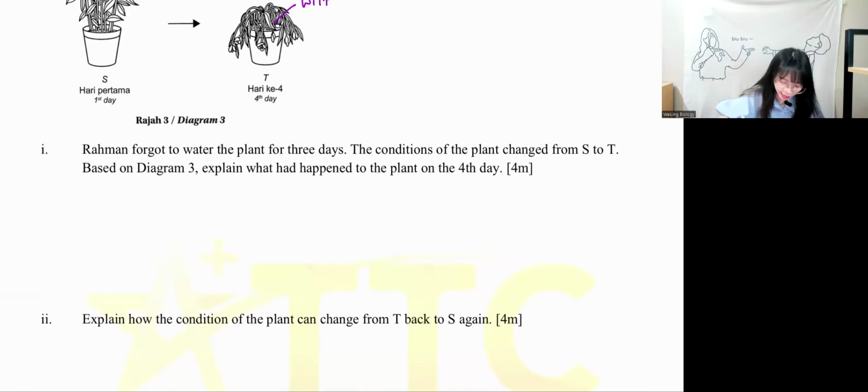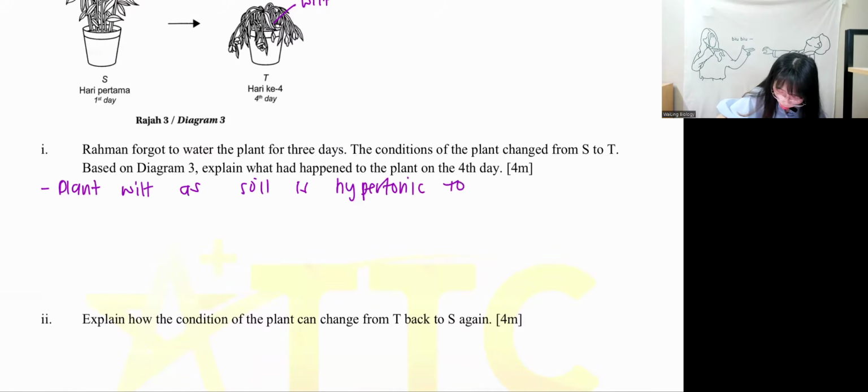So you're going to say first sentence, the plant wilt, as the soil is hypertonic to cell sap of root hair cell.